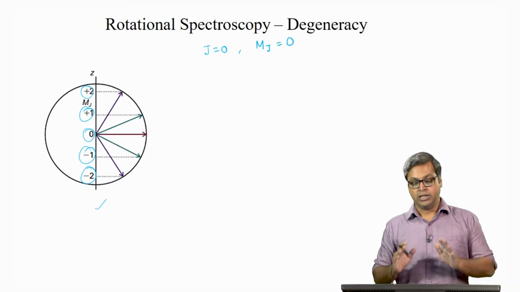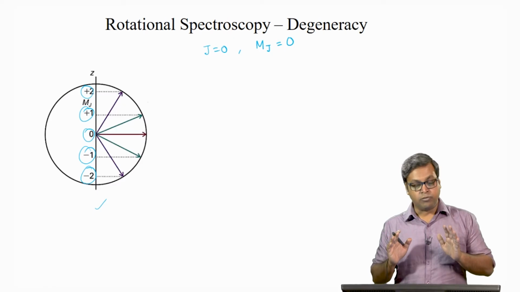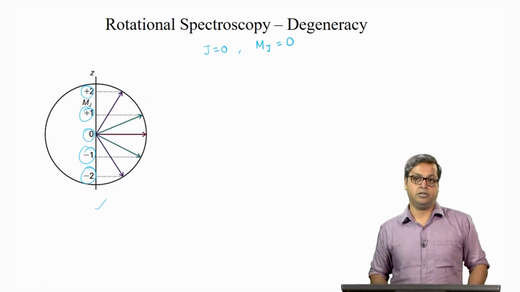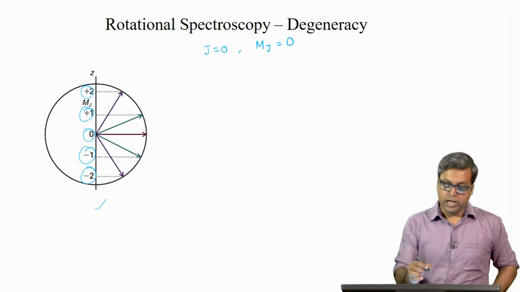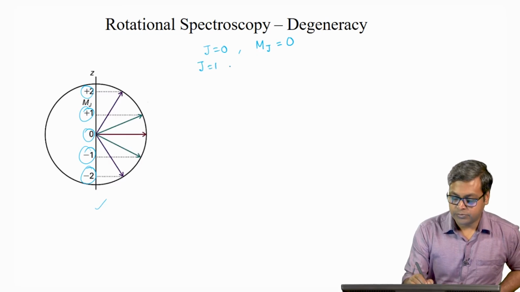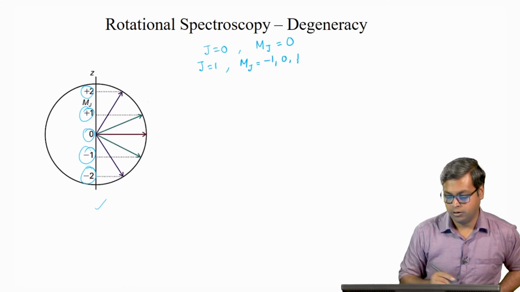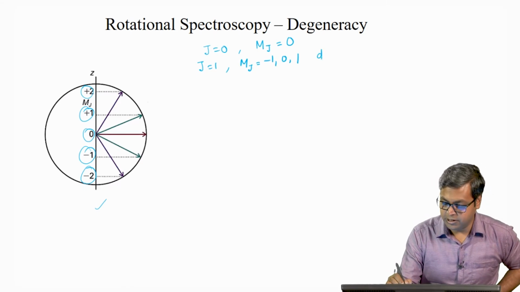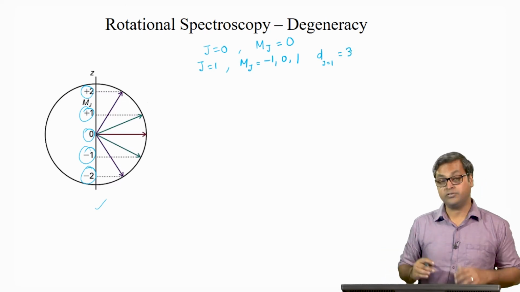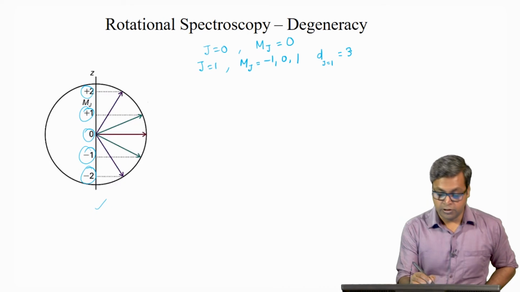That means for j equals 0, it is not degenerate. For j equals 1, m_j can take values of minus 1, 0 and 1. So, the degeneracy of j equals 1 is given by 3, or it is 3-fold degenerate.